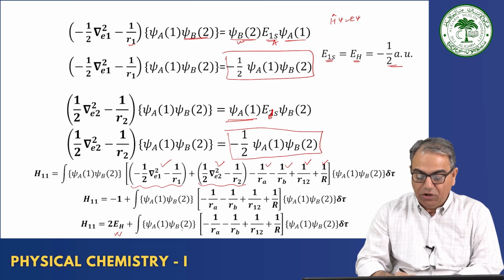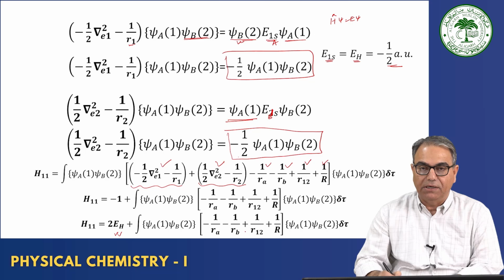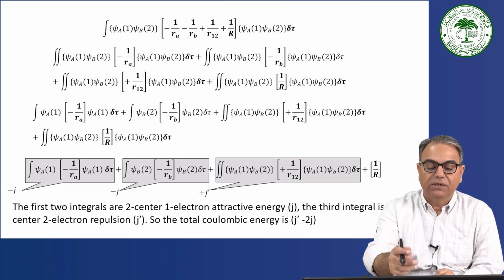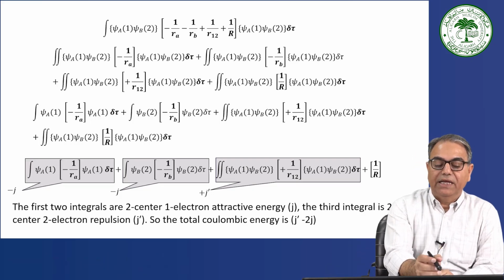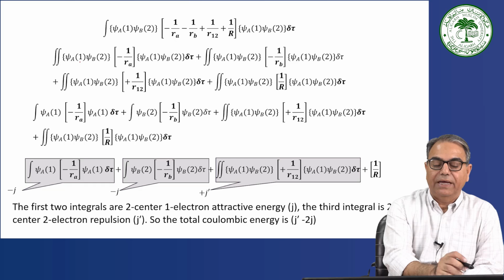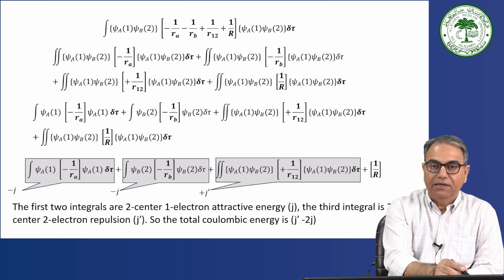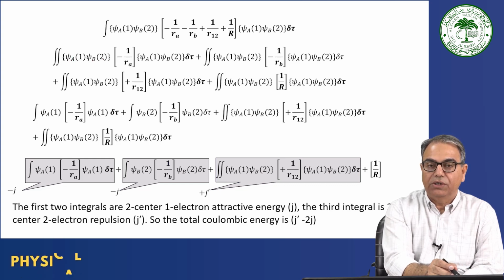Now you will operate with this function on these parts of the Hamiltonian separately, or you will segregate them into different integrals. So how to do that? This integral we can segregate, and I have written the first function as such, and then minus 1 by Ra, only one part I have taken, and again the second wave function psi a1 psi b2 d tau. Now you see here you have hydrogen atom A also, hydrogen atom B also, electron 1 also, electron 2 also.